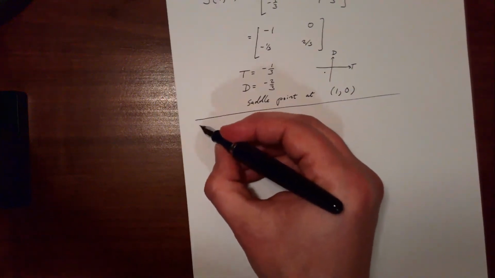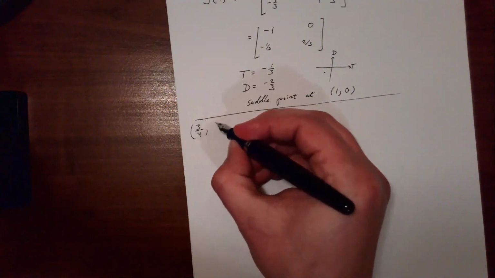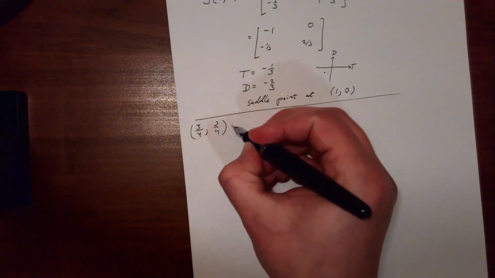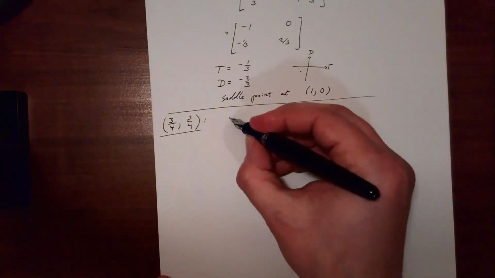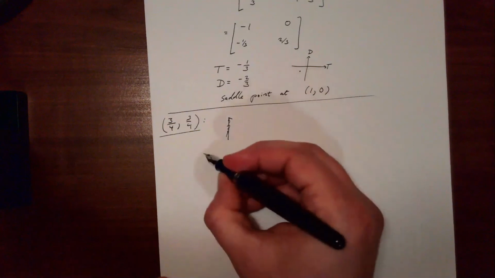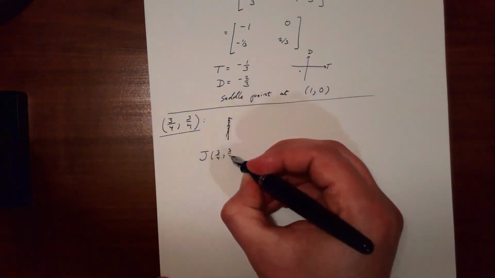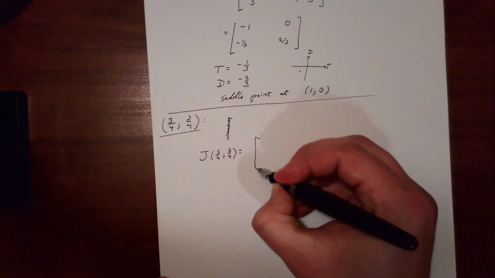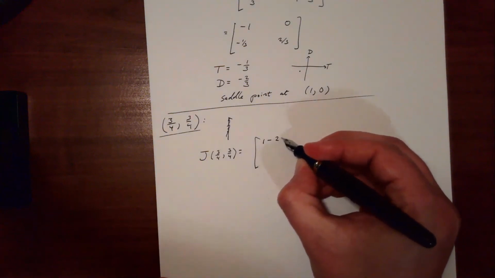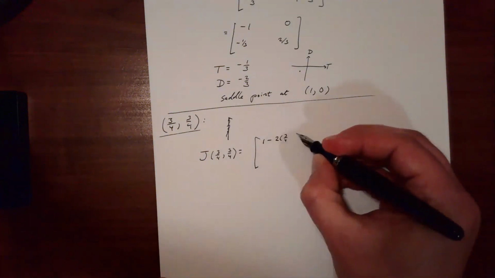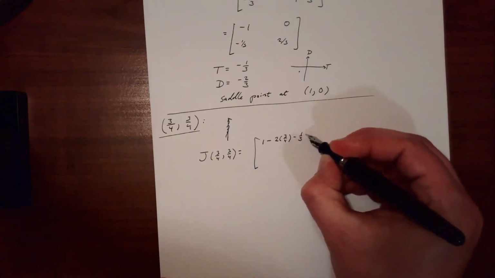All right, and then the final equilibrium here is at the 3/4, 3/4 point. So the Jacobian of this is going to be 1 minus 2 times 3/4, minus 1/3 times 3/4.